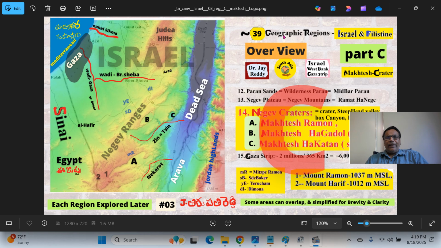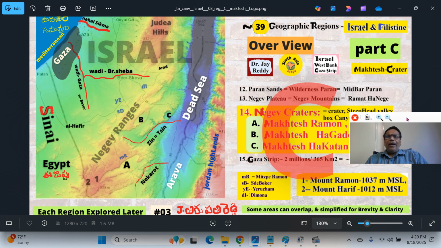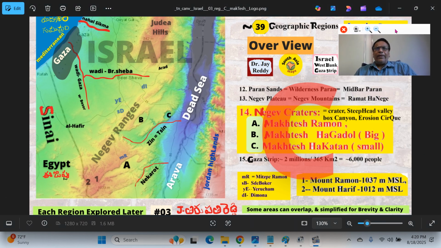We have identified around 39 or 40 in the Israel-Philistine region. Today we are talking about Paran Sands, wilderness of Paran or Midbar Paran, and the broader Negev plateau, Negev mountains, and Ramat HaNegev. There are craters called steeped head valleys, three of them, and we look at them.